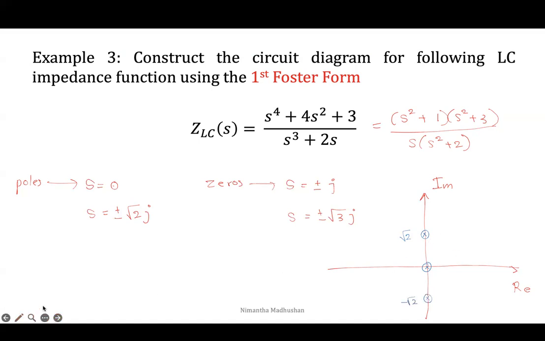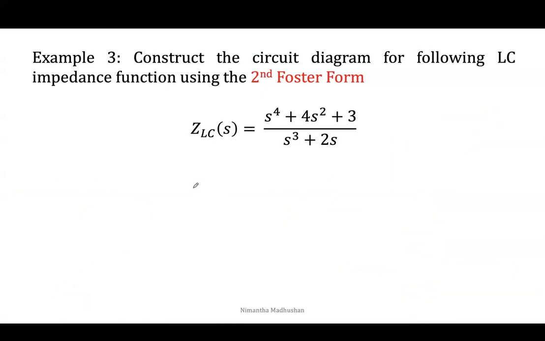These are poles, and zeros at plus 1 and minus 1. Another two zeros at root 3 and minus root 3.